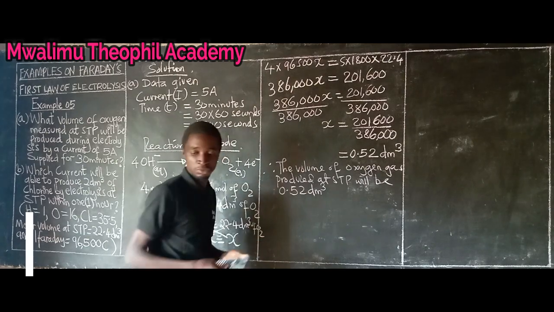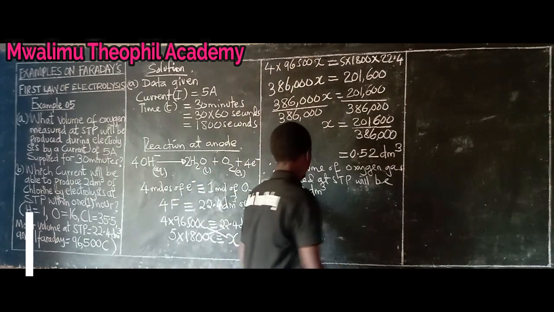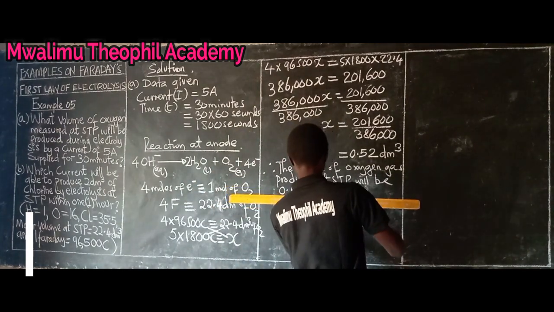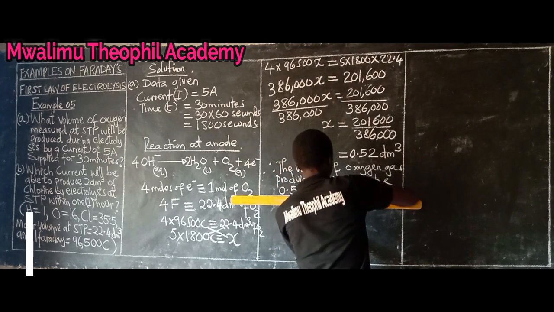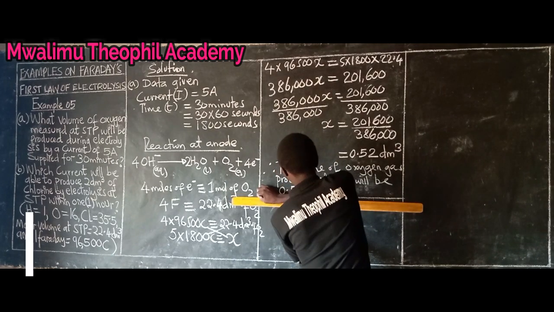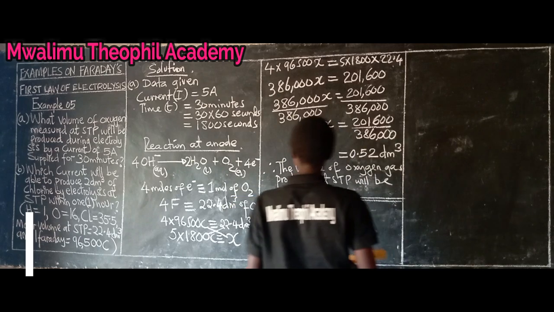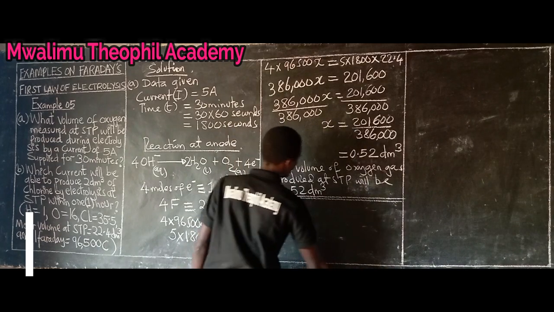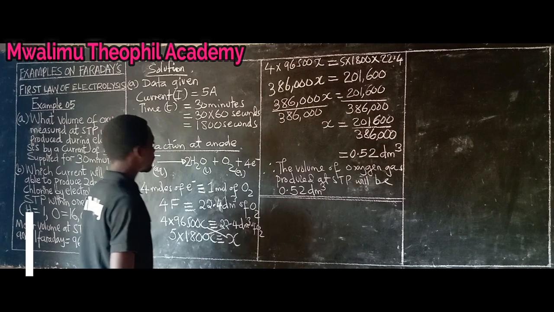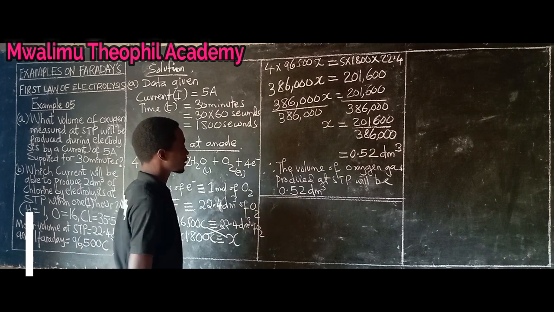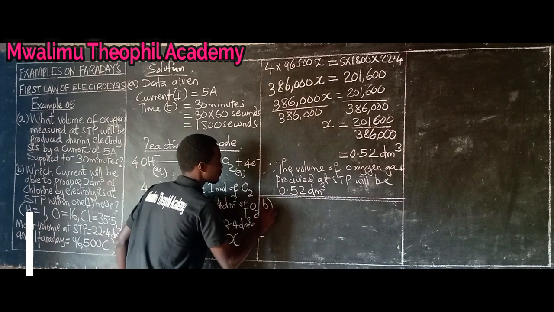Now this is the solution for part A. For example 5, part A, the volume of oxygen gas that will be produced is equal to 0.52 decimeter cubed.